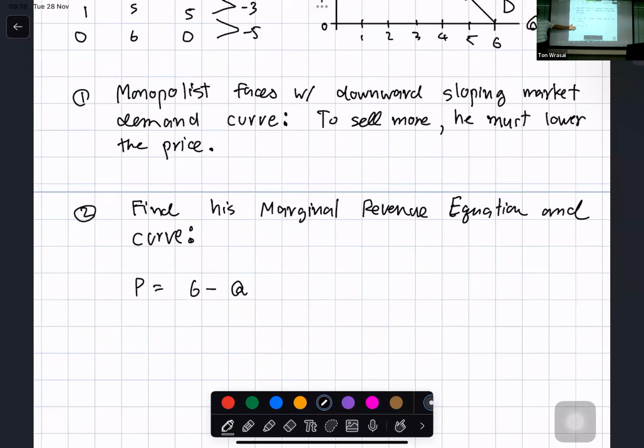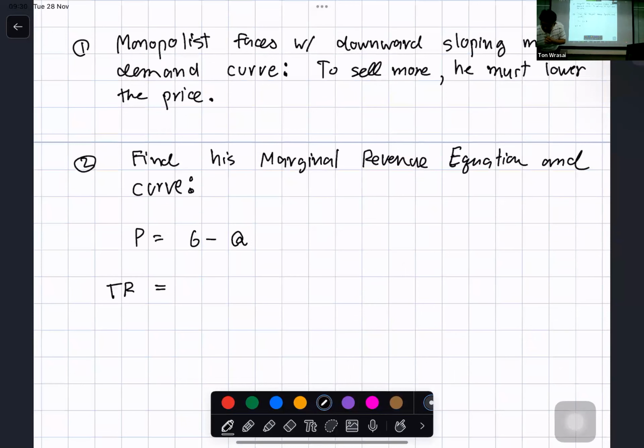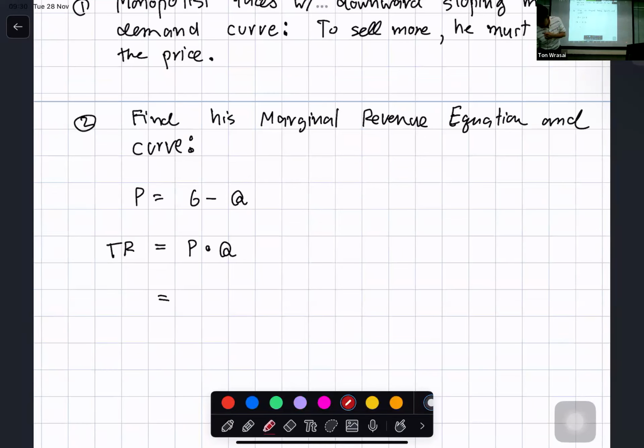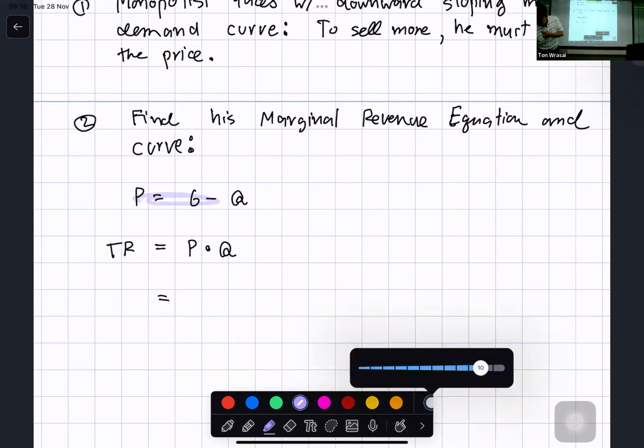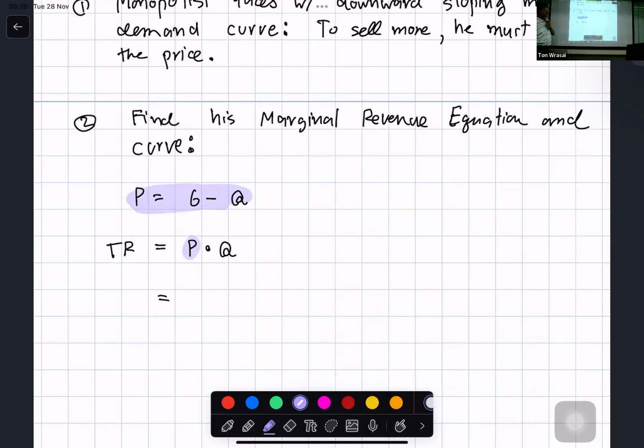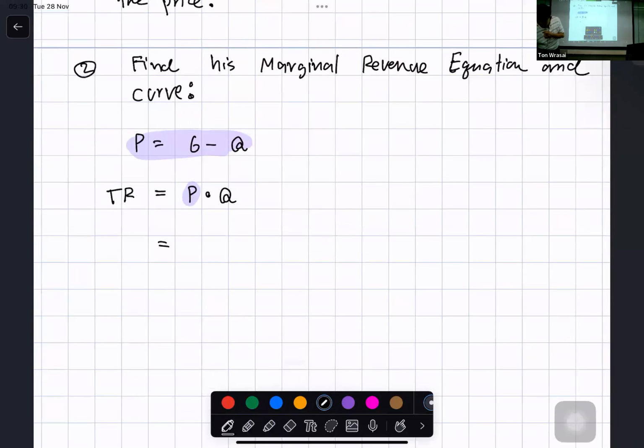We have this demand function P equal to 6 minus Q. We know that total revenue is P times Q. So let's plug in this price function into this then, this purple one, and see what we get. 6 minus Q. That's the total revenue.